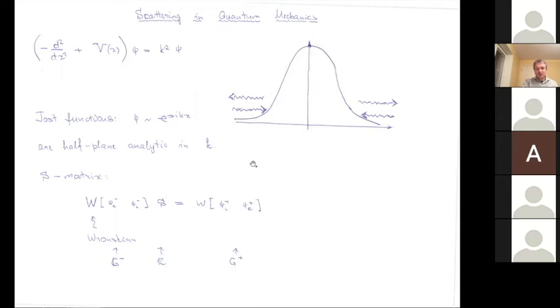Then the scattering problem can be formulated in terms of the Jost functions. So we can consider functions that have simple asymptotics at plus and minus infinity. So there is an infalling wave from the left, outgoing wave from the left, the same from the right. So there are in total 4 Jost functions, but there are only 2 solutions to the Schrödinger equation.